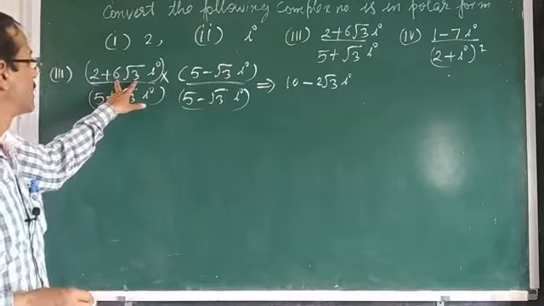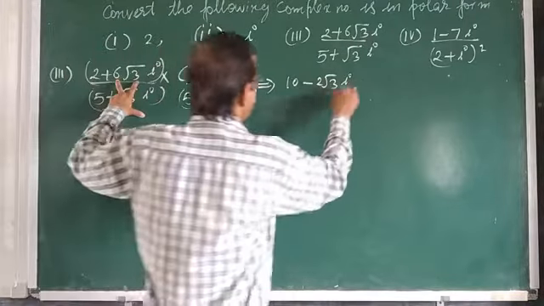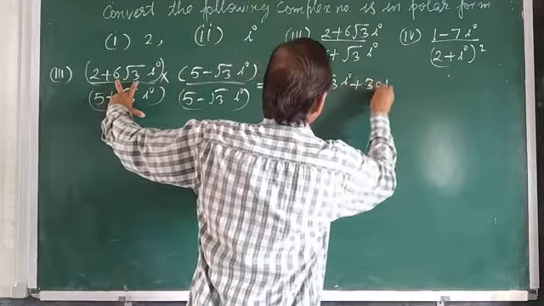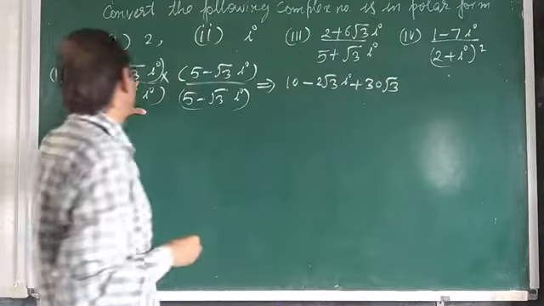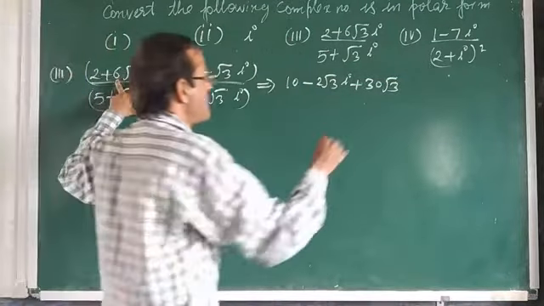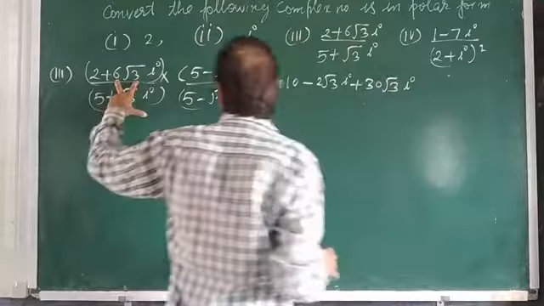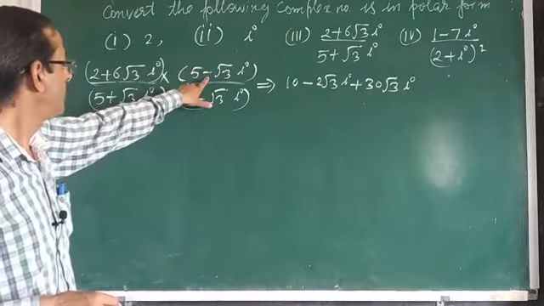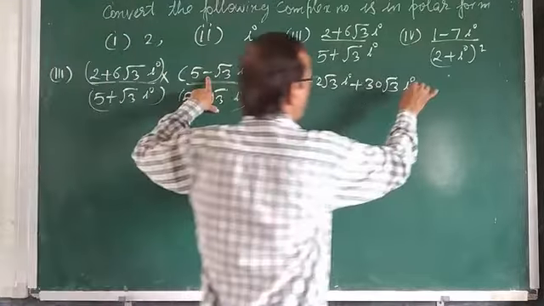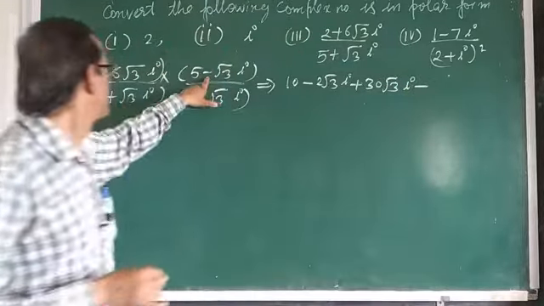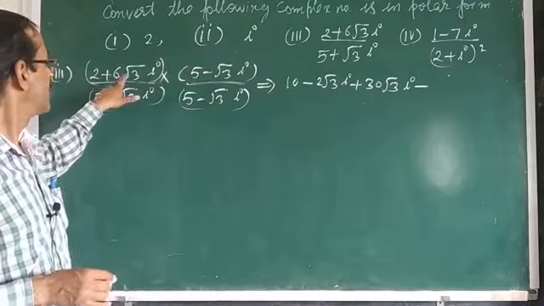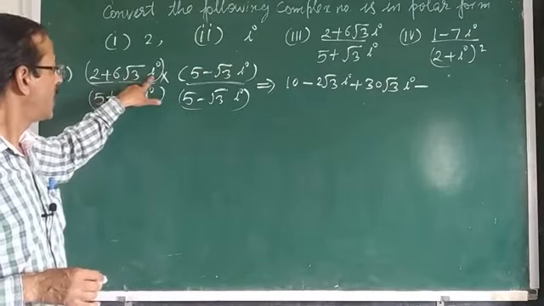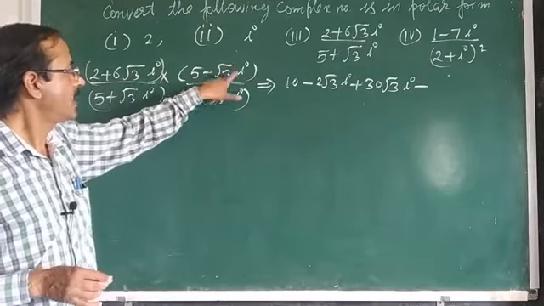Now 6 fives are 30 plus 30 root 3 iota. Then minus, look here, 6 root 3 iota into root 3 iota.